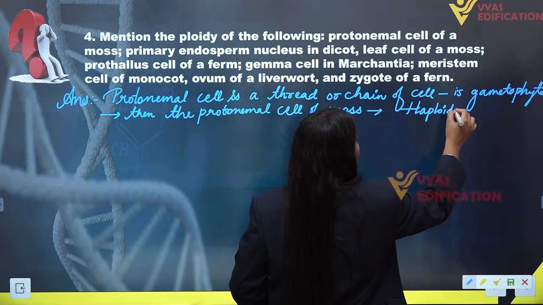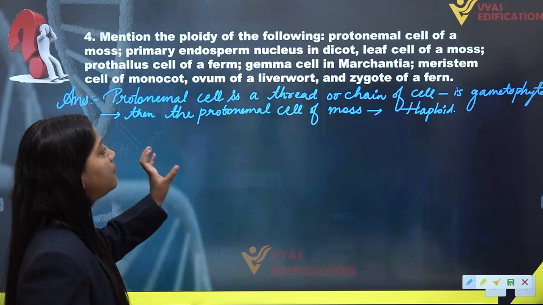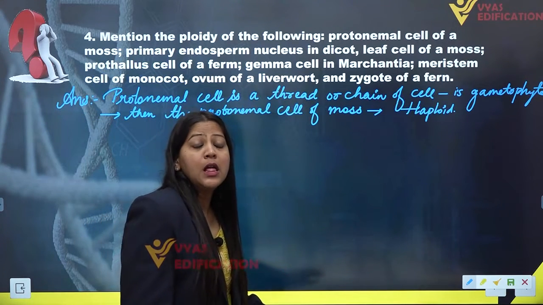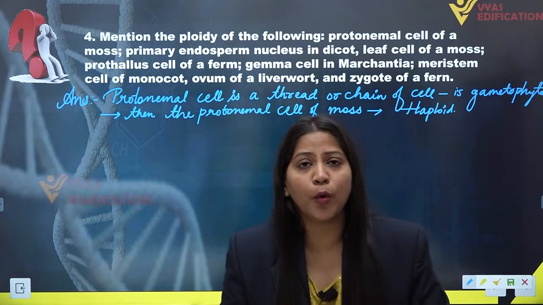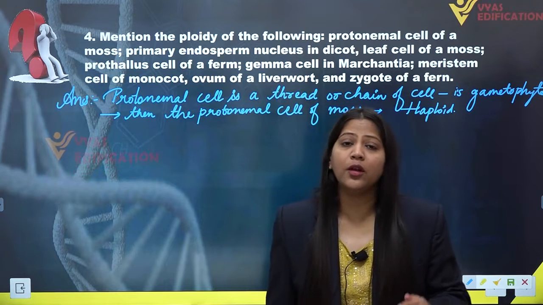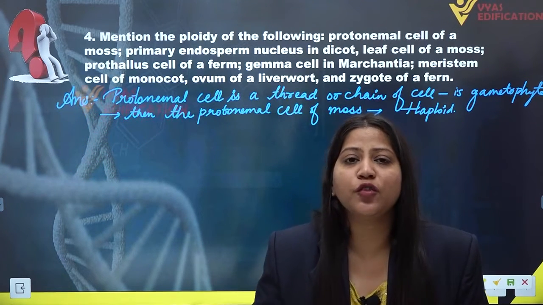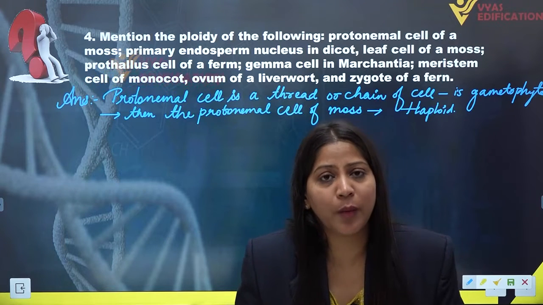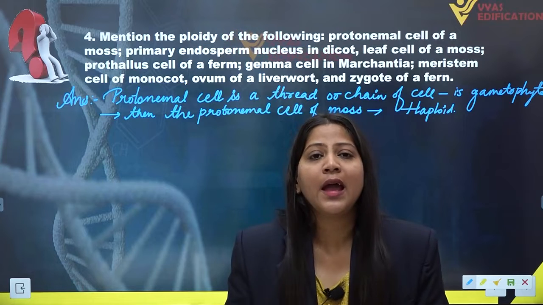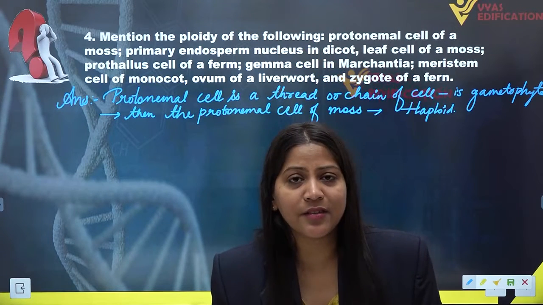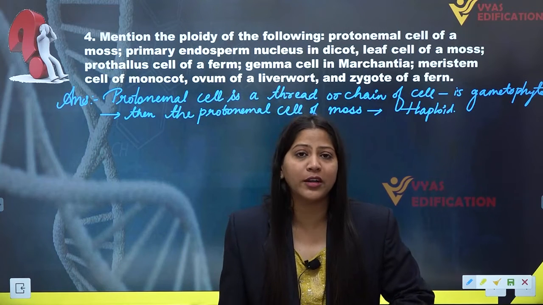Alright, next we have primary endosperm nucleus in dicots. Dicots and monocots are two groups under the phylum or division Angiospermae in the kingdom Plantae. Angiosperms are the most advanced plants, also known as flowering plants. They are classified into two categories on the basis of the number of cotyledons.